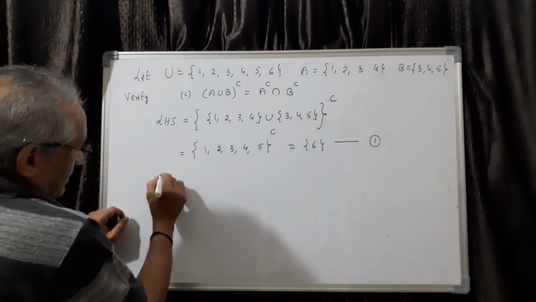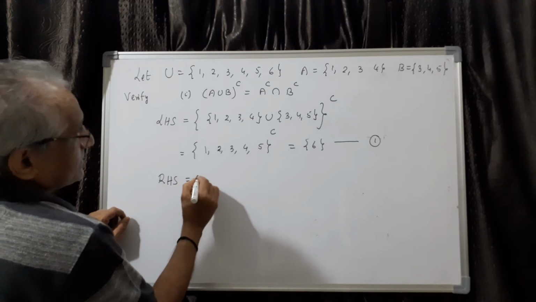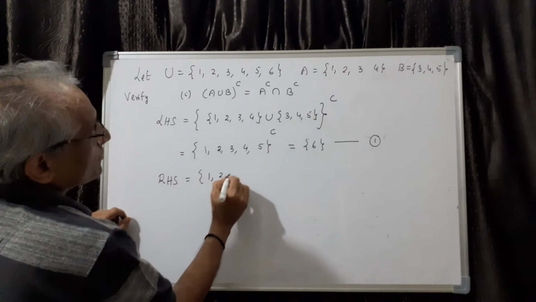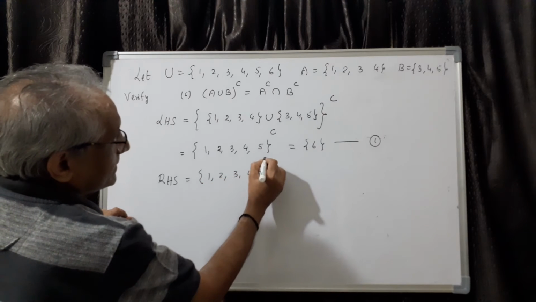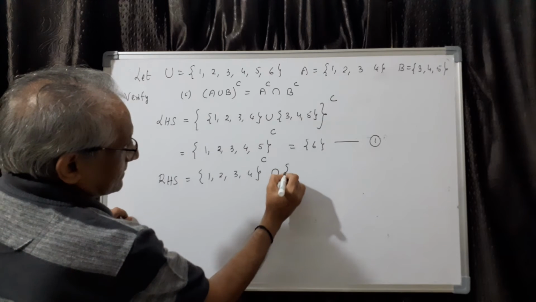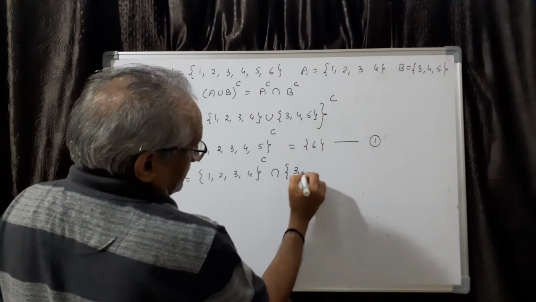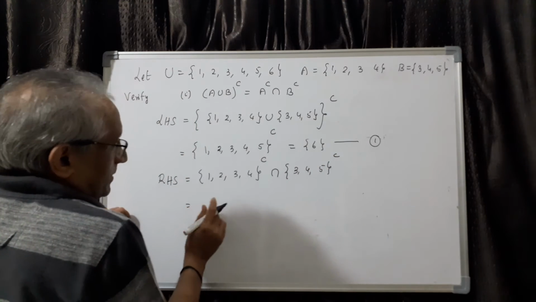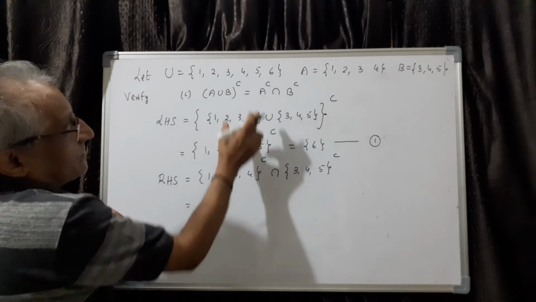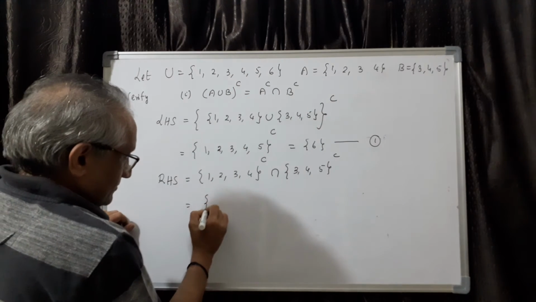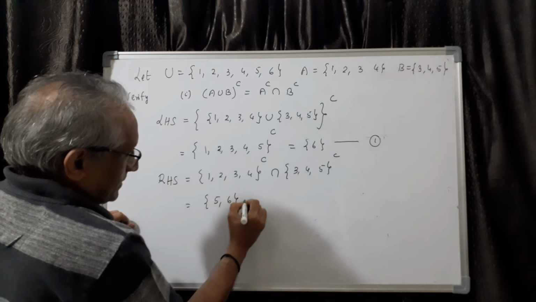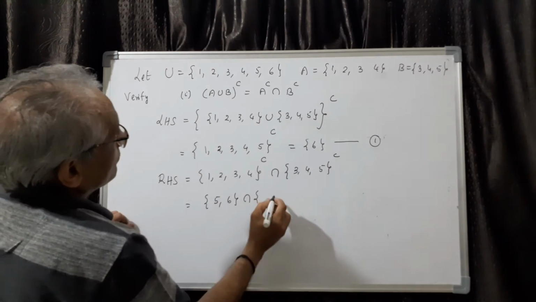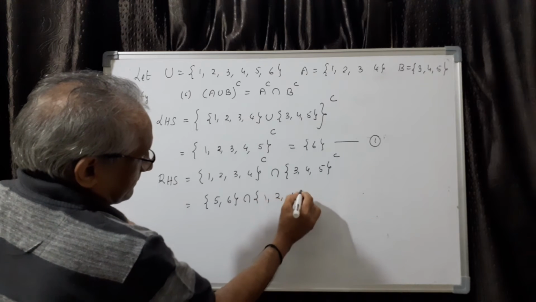Then let us take the right hand side. So this is A complement. Let us first write what it is: 1, 2, 3, 4, its complement, then intersection, then 3, 4, 5, its complement. Now, what is the complement of 1, 2, 3, 4? It is 5, 6. Then intersection: 3, 4, 5 I should not write, so it is definitely 1, 2 and 6.